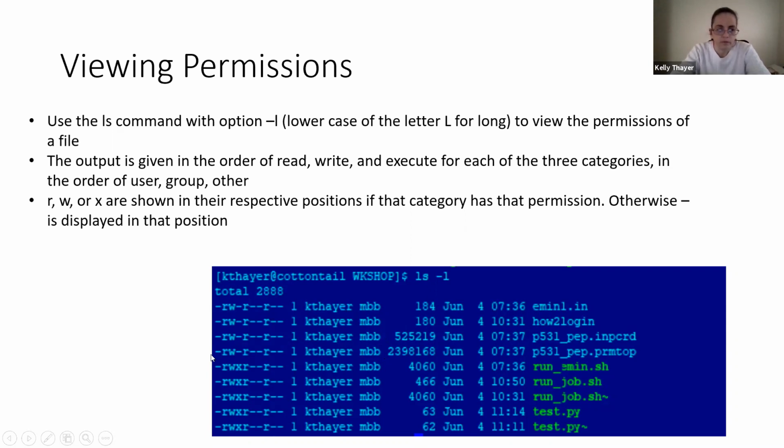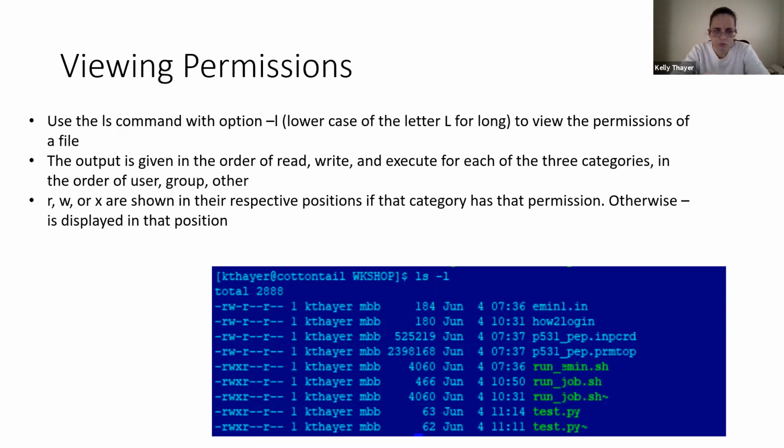And you can see what the permissions are. So the first one is actually not a permission. This is whether or not it's a directory. So these are all files. So that's why these are all dash. And then it goes in 3 groups of 3. So first is user. So on this emin1.in file, I have read, write, but not execute permissions because it's not executable. So I didn't change it to be executable.